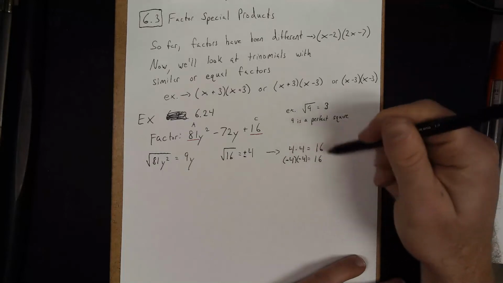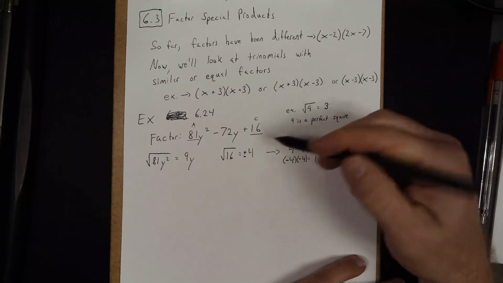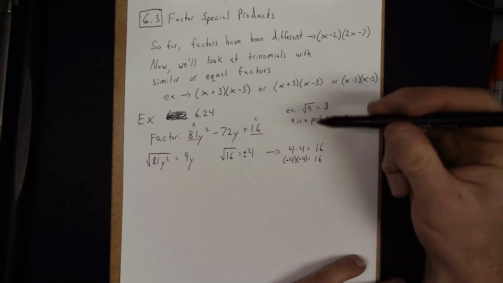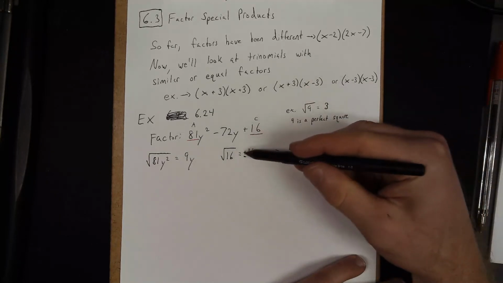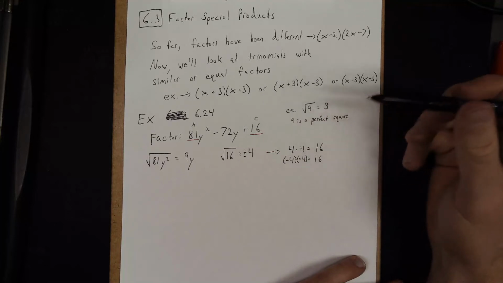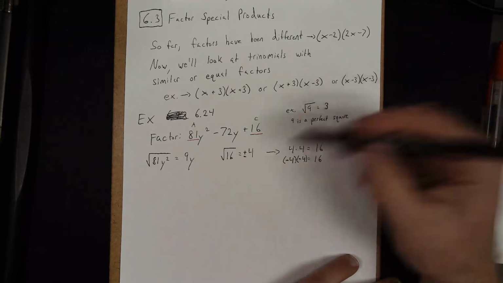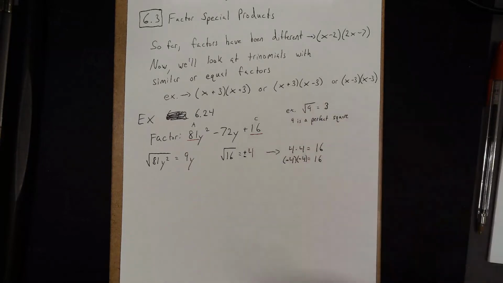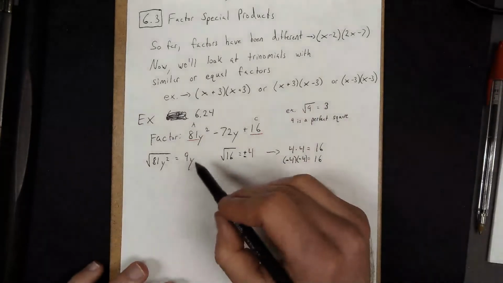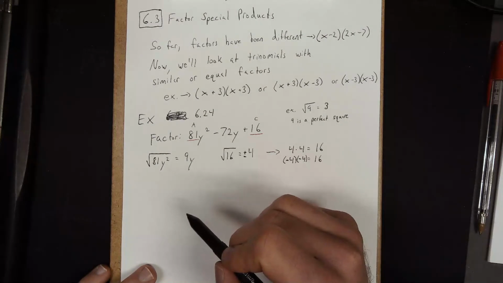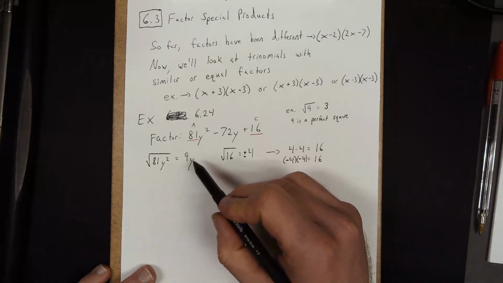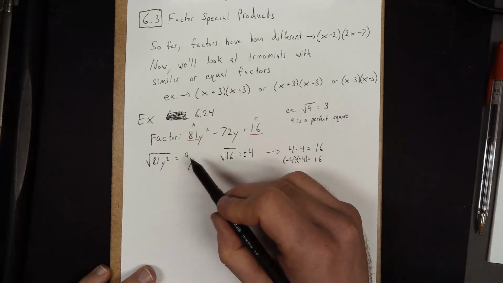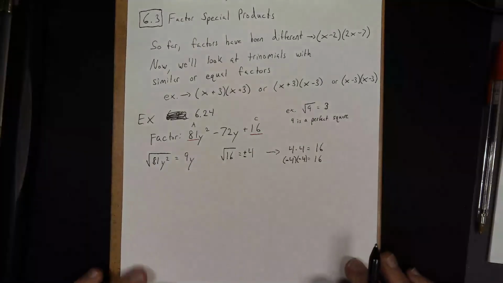So this is why we can't just say our answer is positive 4. Until we evaluate this further, the square root of 16 could be positive or negative 4. So we say plus or minus 4. You might say, why didn't we do that over here? Well, here, the y takes care of that plus or minus, so we're not going to worry about it.